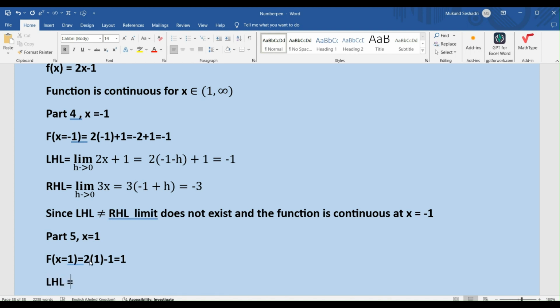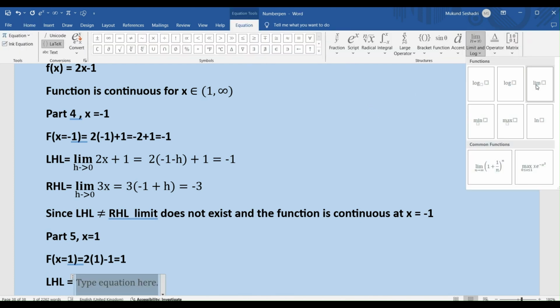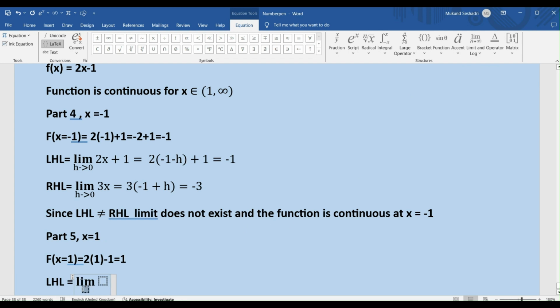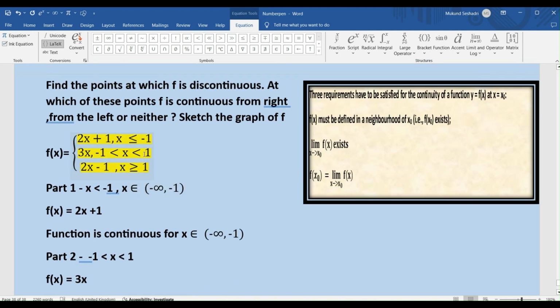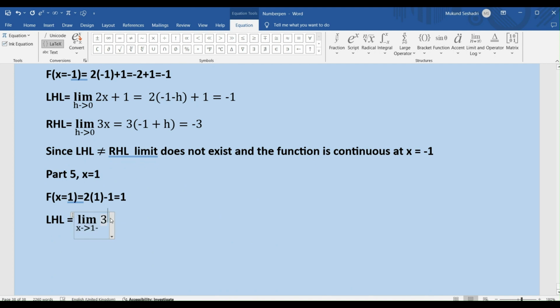And I will have to work out my LHL. And what does my LHL mean? My LHL means I'm approaching 1 from the left, right? So which means 1 minus. And when I'm approaching 1 from the left, what is the function which is applicable? It is this function 3x, right? So I will have to write that because my left hand limit will have to be evaluated with 3x, right?